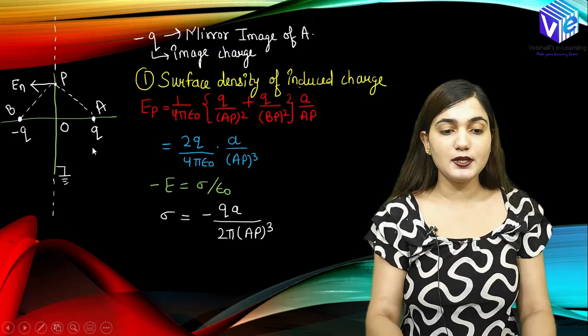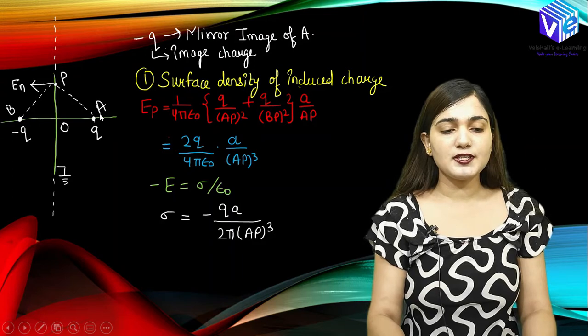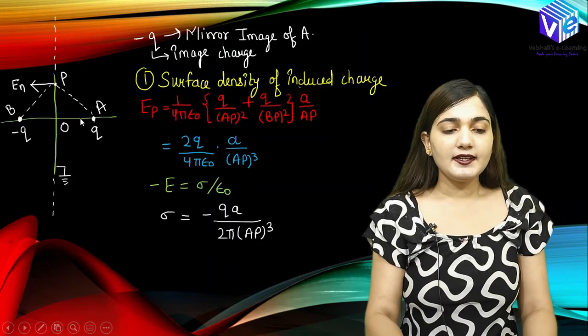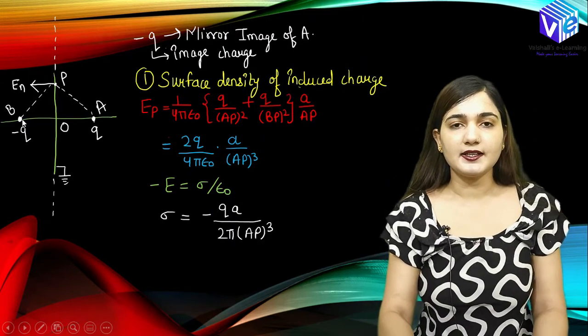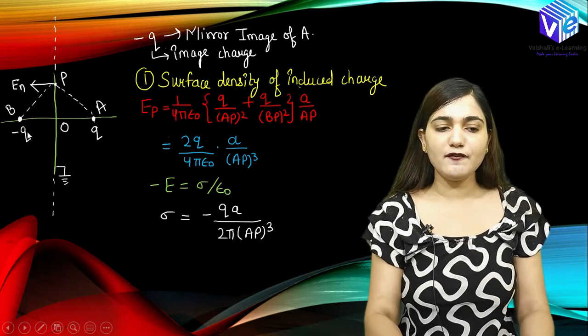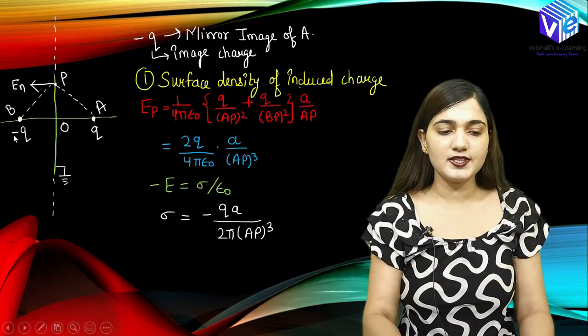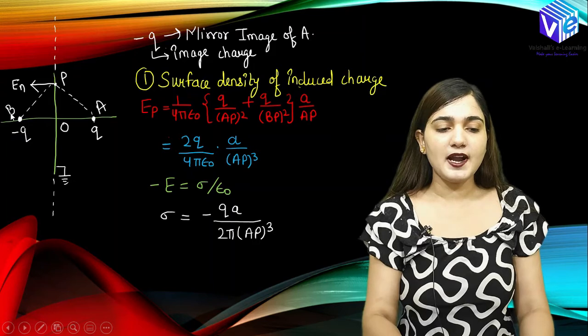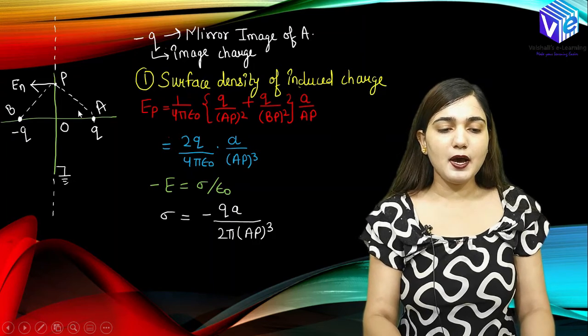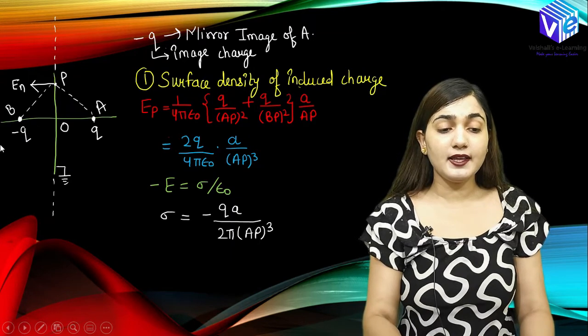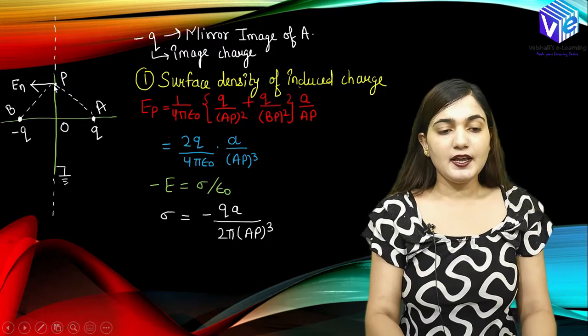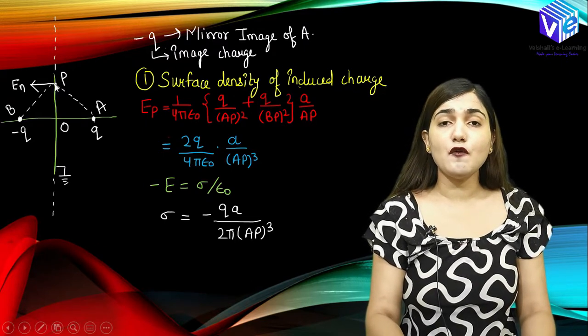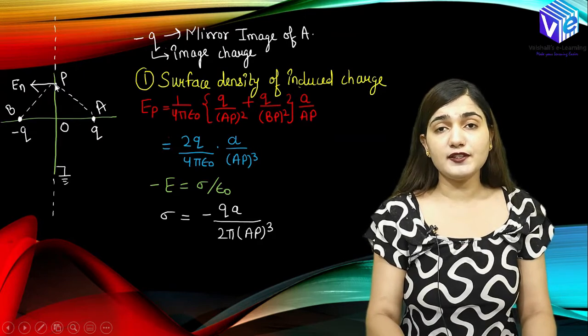This is the q charge, which is our main charge, present at the point A. At the same distance inside the conductor, this is the mirror image that we have formed, the same magnitude but opposite sign. So minus q is formed at the point B, and now we have combined them and taken a point P on the surface only, right? So at the surface we are going to see what would be the direction of the electric field.